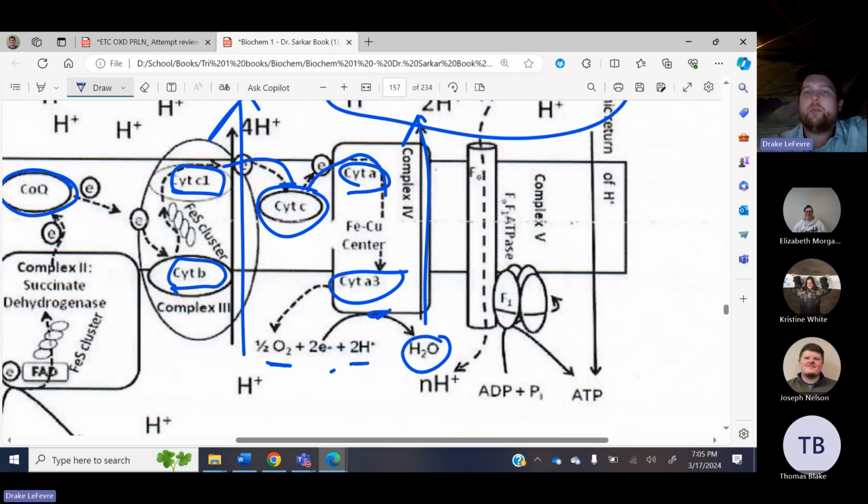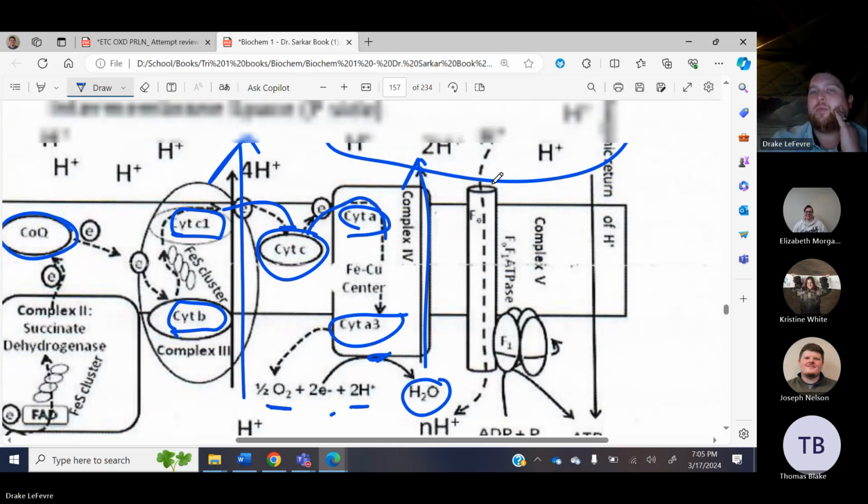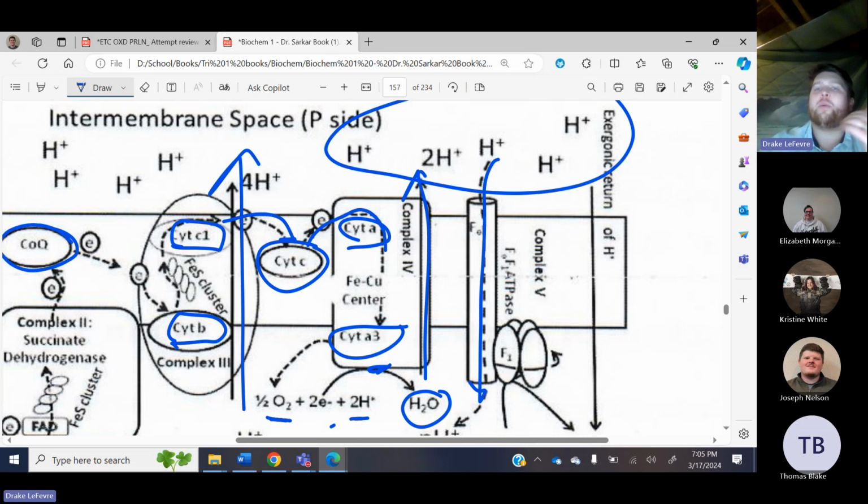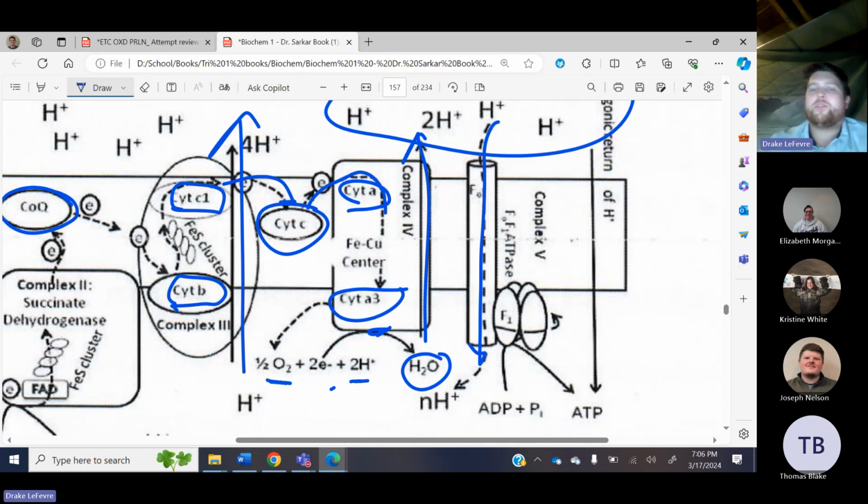We place an intermembrane channel right here. That is a free spot for the hydrogens to just slide on through to reach equilibrium, so that it's an even number on both sides so that things are balanced.